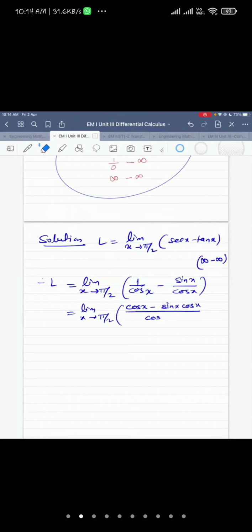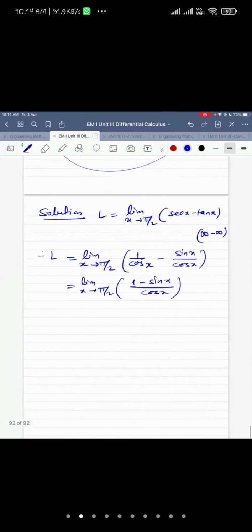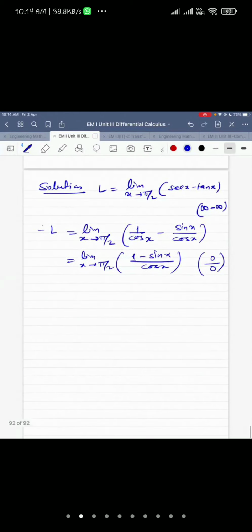So it will be 1 minus sin x upon cos x, no need to cross multiply. Okay, so again the form is changing. It is becoming 0 by 0, because sin of pi by 2 is 1, so 1 minus 1 upon cos of pi by 2, which is 0. So we are getting the 0 by 0 form.